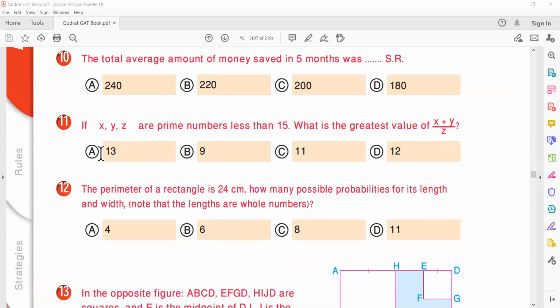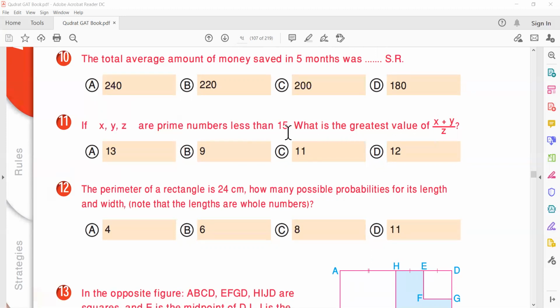So X, Y, and Z are prime numbers less than 15. What is the greatest value of (X plus Y) over 2?